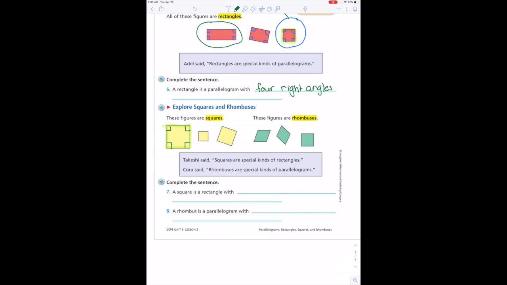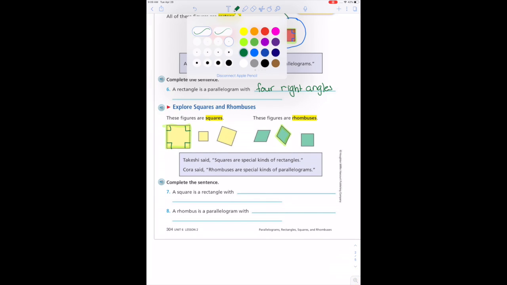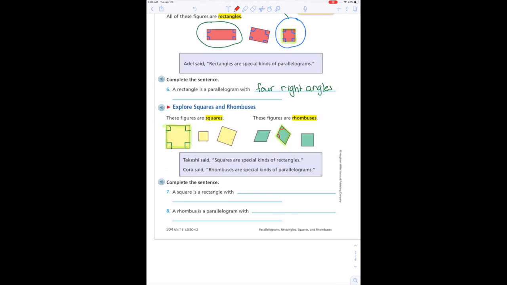A rhombus is also a parallelogram. They also have 4 sides that are the same length. But they do not have to have a right angle. So if we look right here, let me change my color. If we look right here, we can see that these angles are not right angles. Okay? But they are parallelograms, and all the sides are the same length.